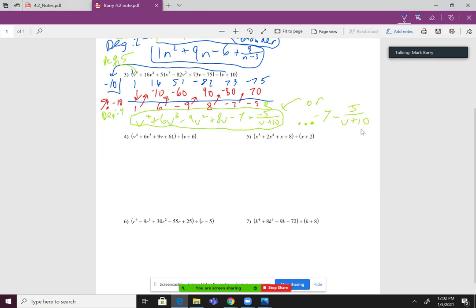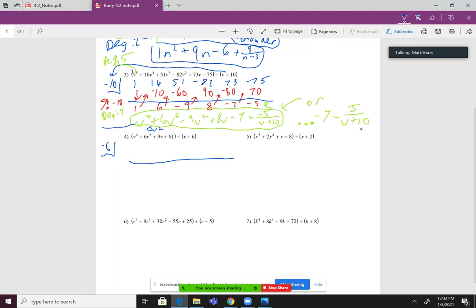Here's the big deal on number 4, and number 5: missing powers. Anytime you have missing powers, I like to go above and point them out. In this case, you can see we have 0v squared here, correct? So if you have missing powers, you need to point that out. When I draw my line here, my cupboard I know is going to be -6, because of the v plus 6, I always put the opposite.